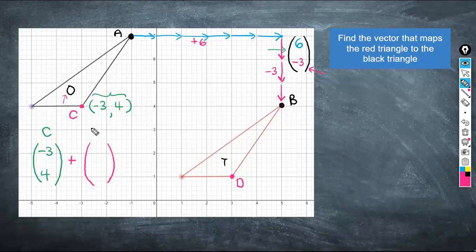I'll just put T for translation, right? What's the value of the translation? 6, minus 3, right? Work that out for me and tell me what 2 values you get. You're just adding the 2 top numbers and you're adding the 2 underneath numbers. So it's minus 3 plus 6 and 4 plus minus 3. Remember, when a plus and a minus touch, you get a minus.